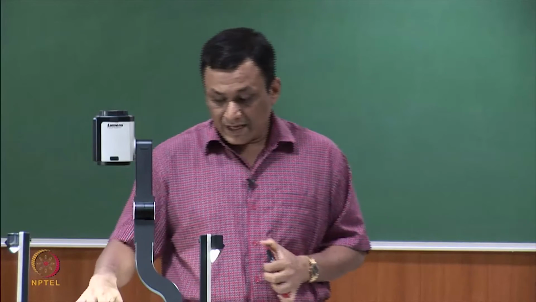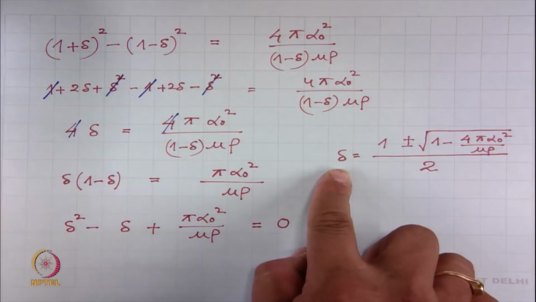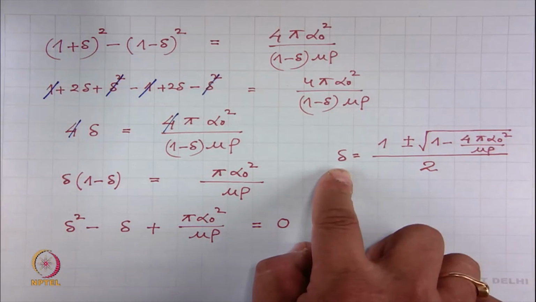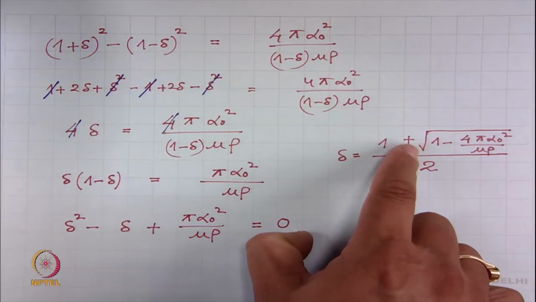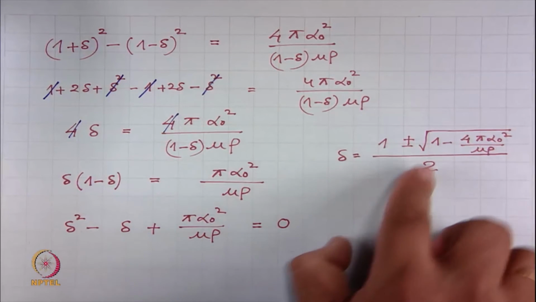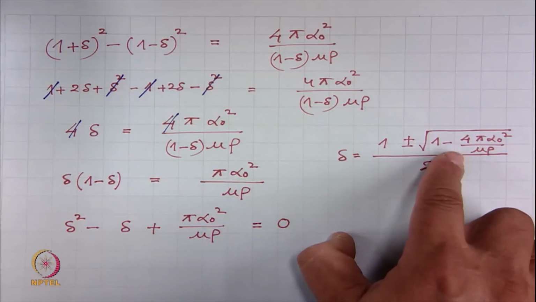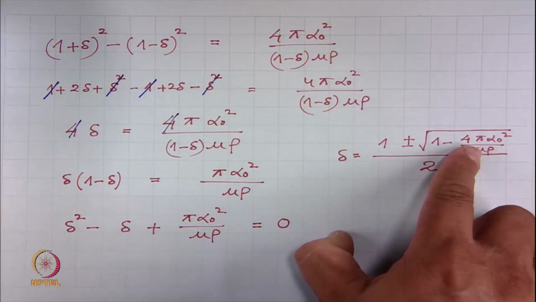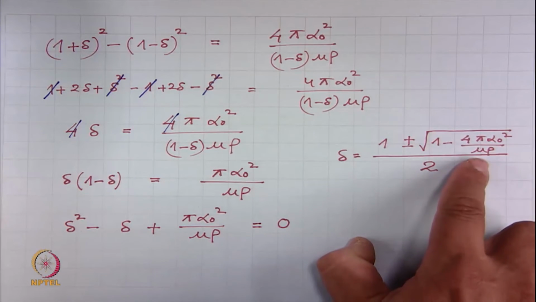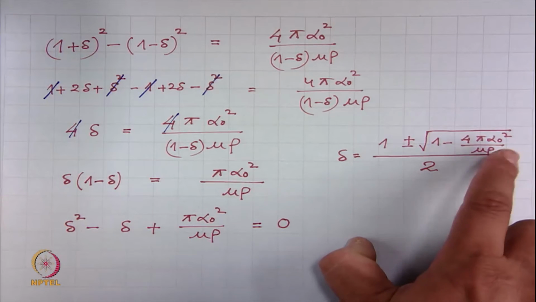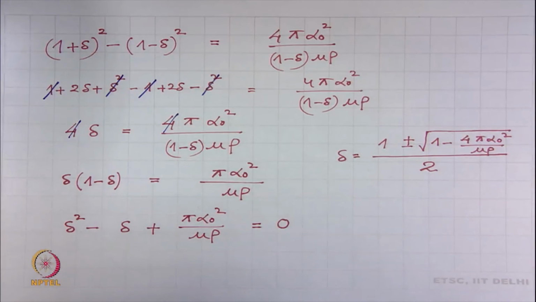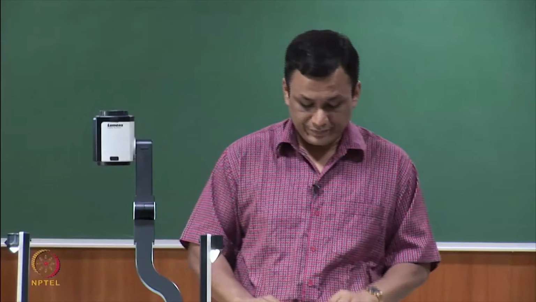What does this expression say? This expression is your yarn retraction delta is equal to 1 plus minus root over 1 minus 4 pi alpha naught square divided by packing density mu into rho and whole divided by 2. Okay.